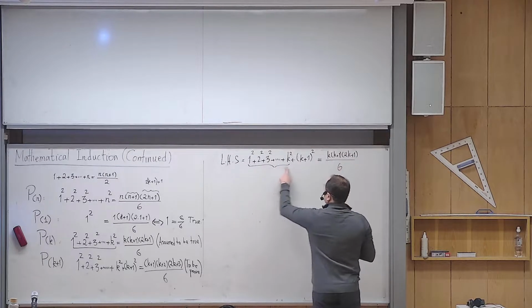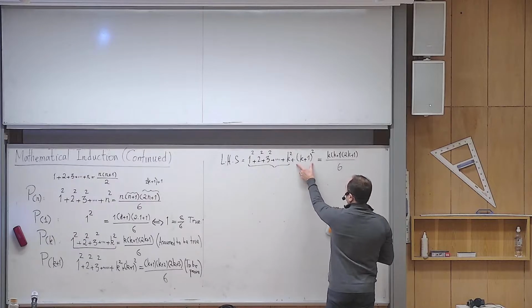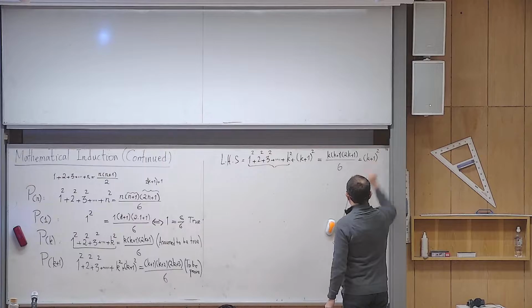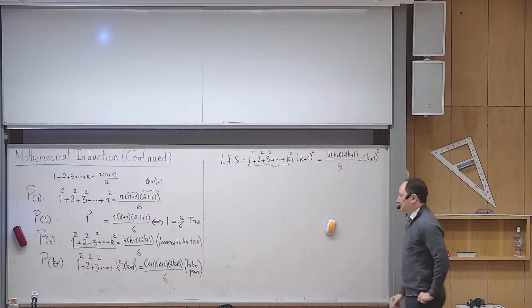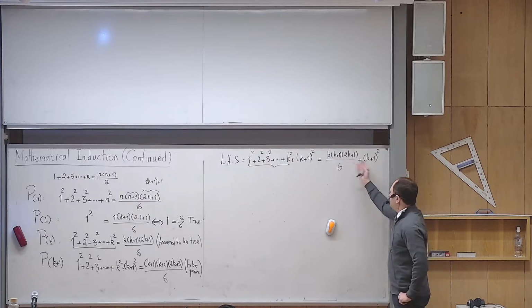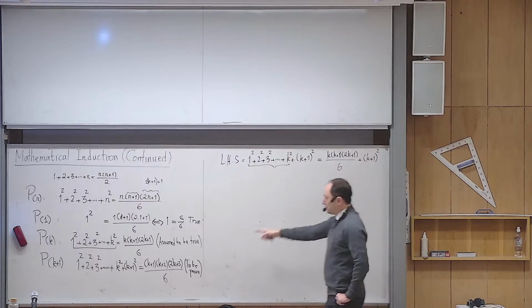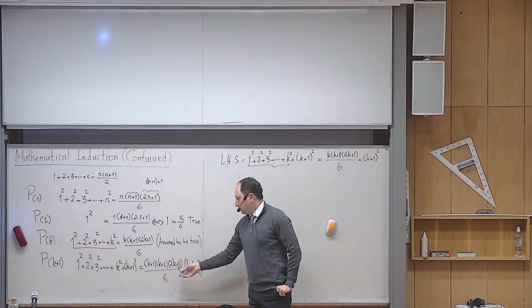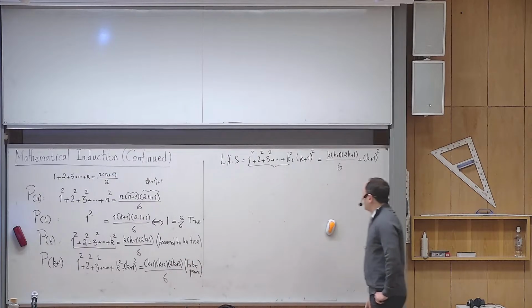But then after this is finished, I have an extra term here this time. Yes? And then I have to be able to simplify this and reach what I am supposed to reach: k plus 1, k plus 2, 2k plus 3 divided by 6.